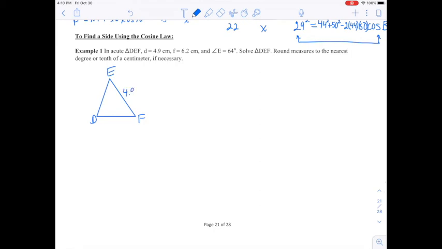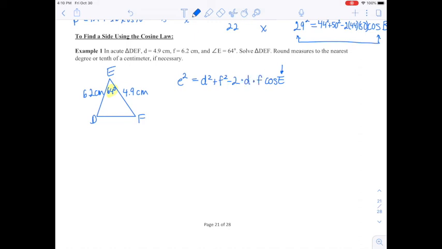Lowercase d is 4.9 centimeters, lowercase f is 6.2 centimeters, angle E is 64 degrees, and I cannot use the sine law here because I do not have an angle-side pair. So I know that E is the angle that I know. It's the only angle in this triangle that I know, so I need to make sure that I use this version of the cosine law.